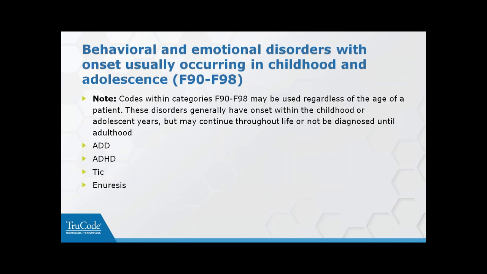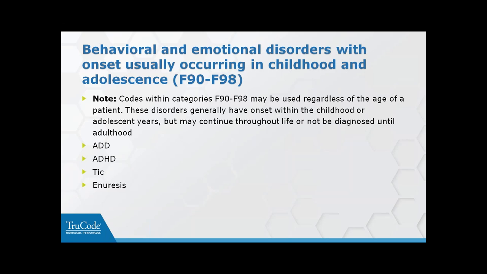The next codes toward the back of the chapter, F90 through F98, are ones that they consider to be most likely occurring in childhood and adolescence, but they can be used anytime. So you can have someone who has just been diagnosed as a 50-year-old person as having ADD. I think that's become more common now.